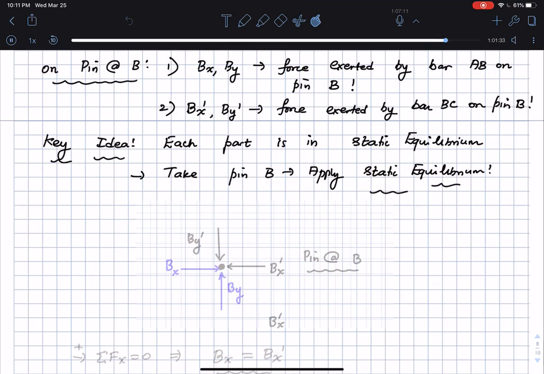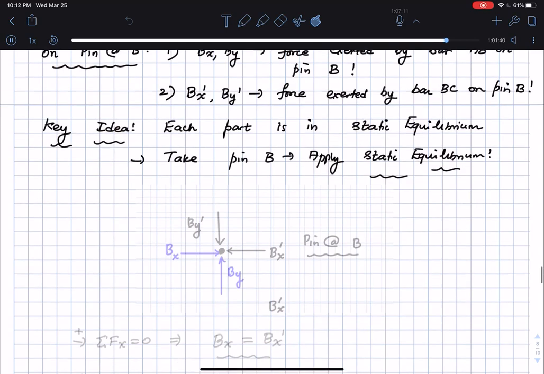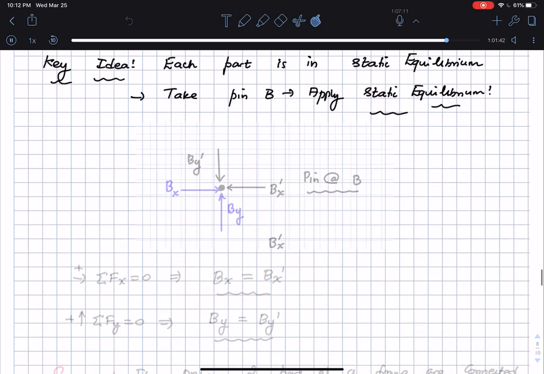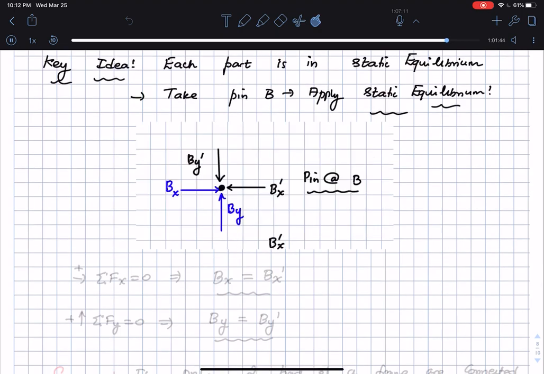Okay, so I'm going to take pin B, copy that and bring that down here. If I now do that, I see that the sum of all the forces in the x direction is equal to 0, because this is a particle or a pin. We don't have any moment balance equation.